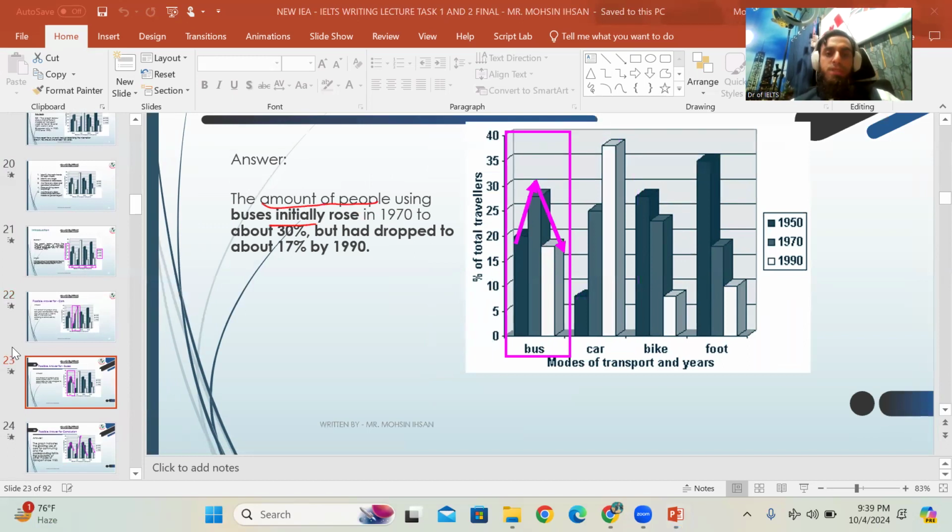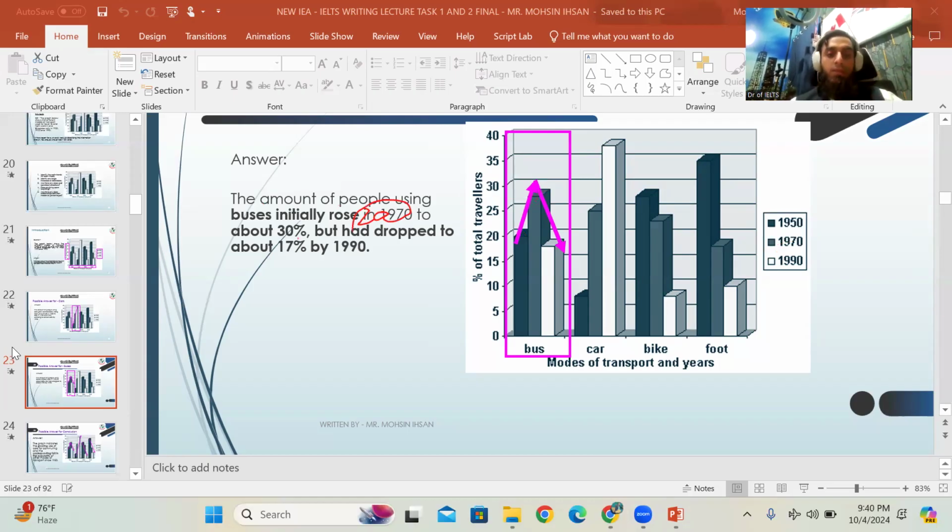The amount of people using buses initially rose in 1970 to about 30%. You can write that from 20% in 1950 to about 30% in 1970. The way we described car, describe this in the same way.